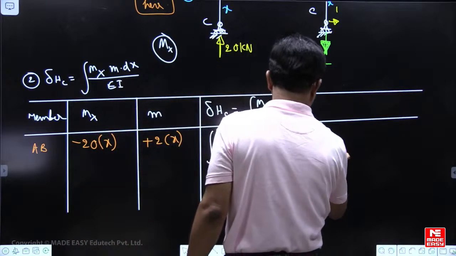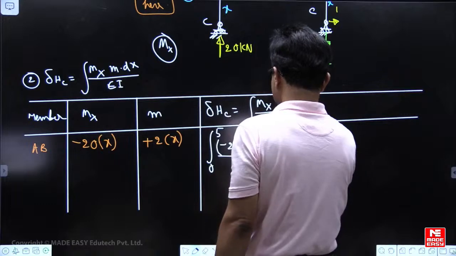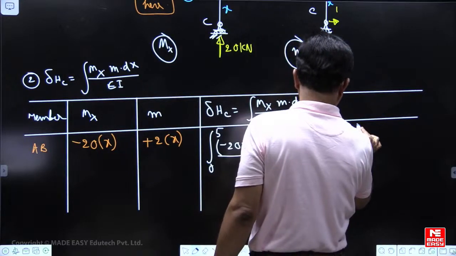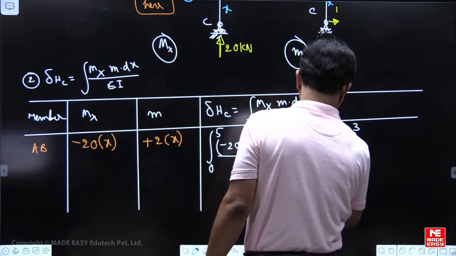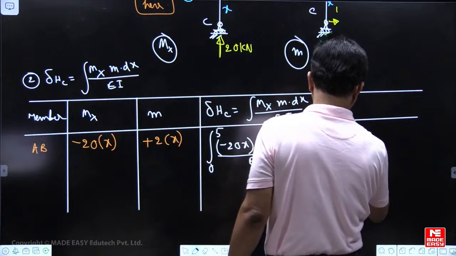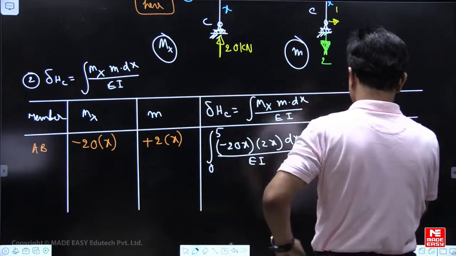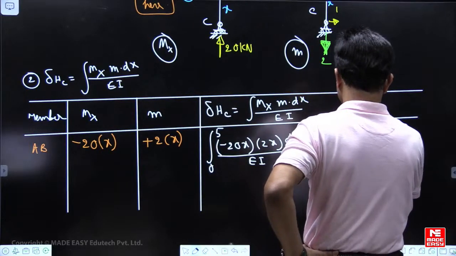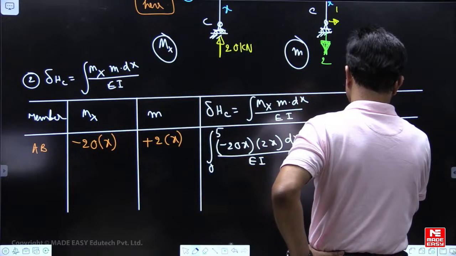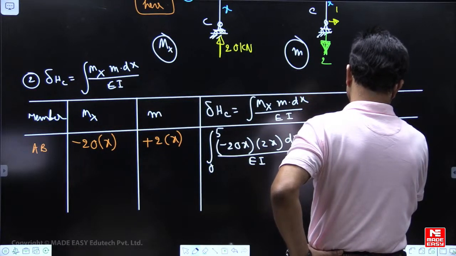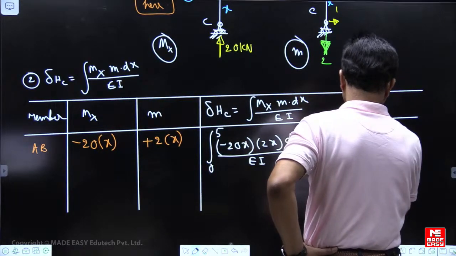Minus 40 into x square means x cube by 3. 125, 600, 500.